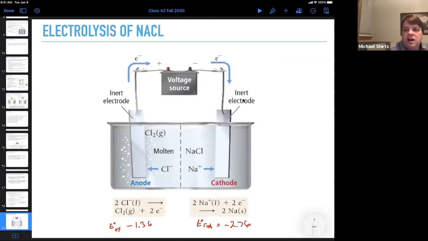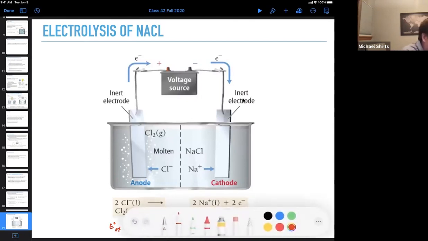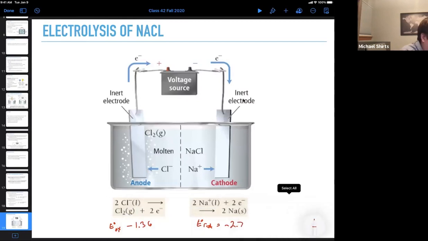So the total standard potential of the cell, assuming concentrated solutions, is going to be, I had the wrong one before, sodium is minus 2.71. So the E cell is going to be minus 1.36 minus 2.71, minus 4.07.